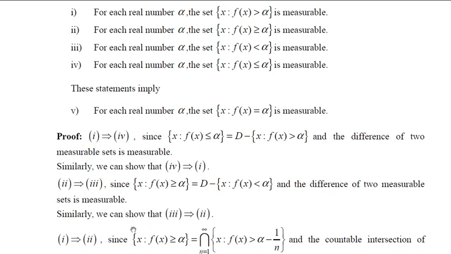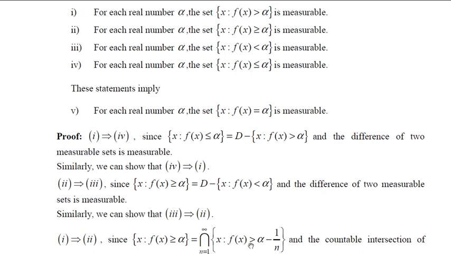Now, we are going to show 1 implies 2. The set of x where f of x is greater than or equal to alpha can be written as the intersection of all those x for which f of x is greater than alpha minus 1 by n. Suppose n is 1, then you will get alpha minus 1.